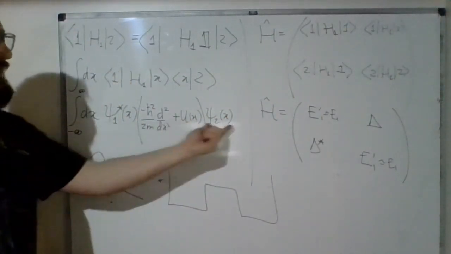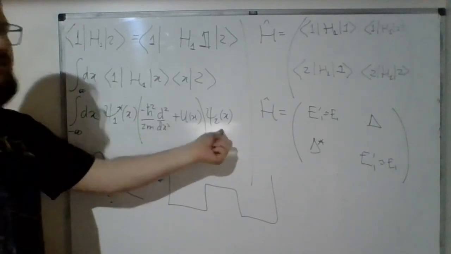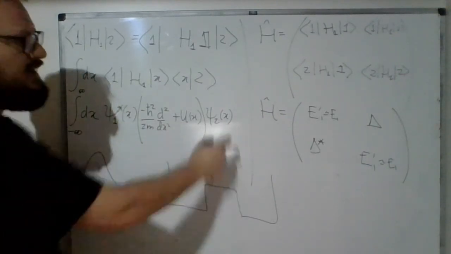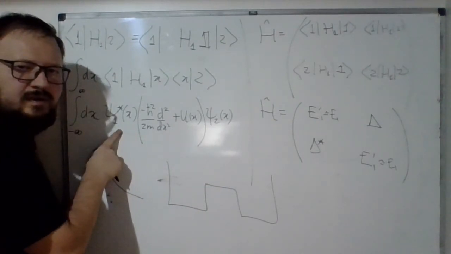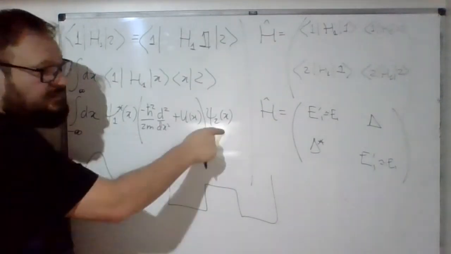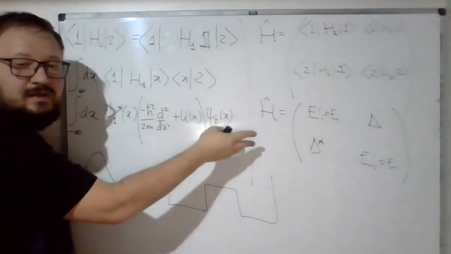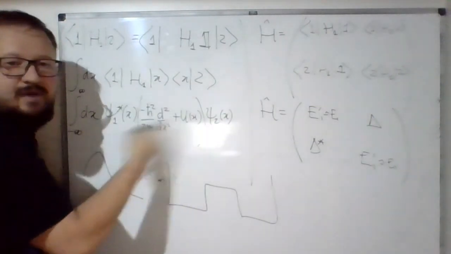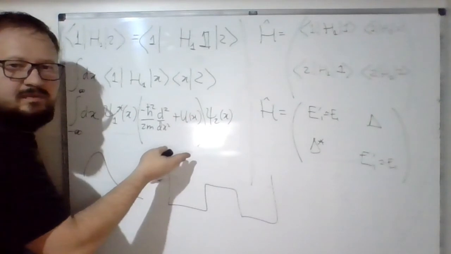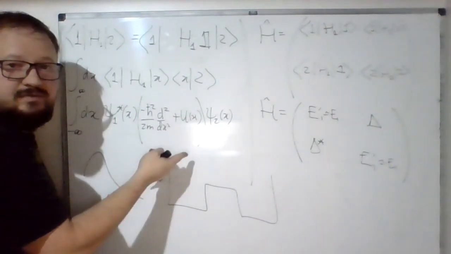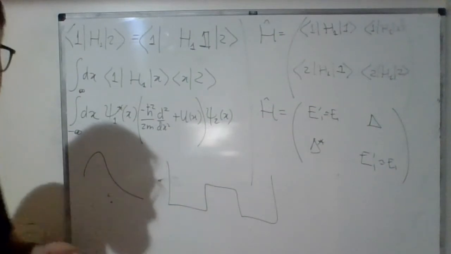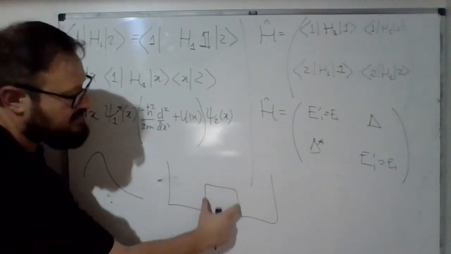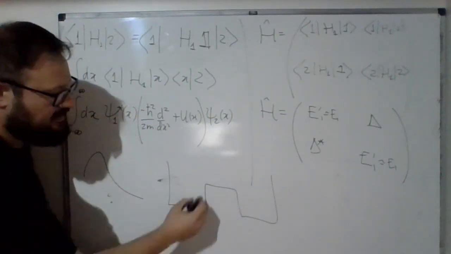And notice an overlap is needed, because if the function psi1 is 0 in some region where psi2 is maximum, it doesn't matter. The integral becomes 0. So, as a matter of fact, the integral is relevant here. Why is that?